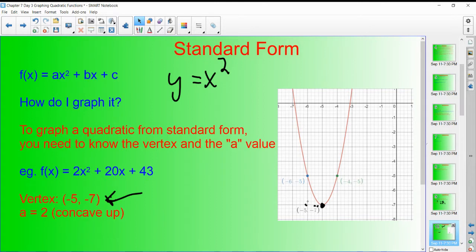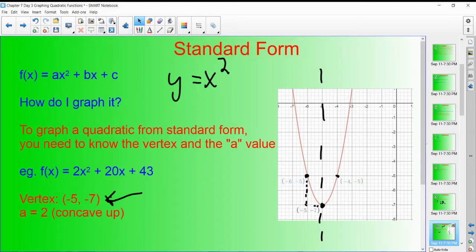We go over 1 and we go up 2, and we plot a point. Same thing both ways. You don't need to make the dots. You need to go right 1, up 2, and it's symmetric. The line of symmetry is right here. So we start at the vertex and we go the same vertical distance in both directions. So left 1, up 2, go back to the vertex, right 1, up 2.